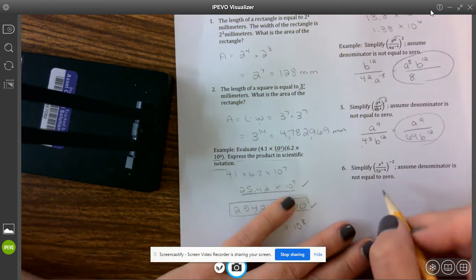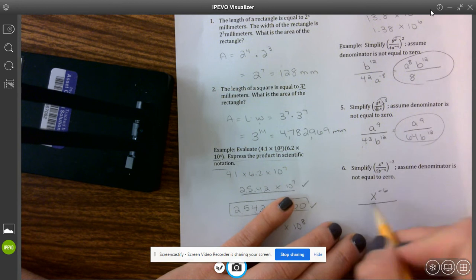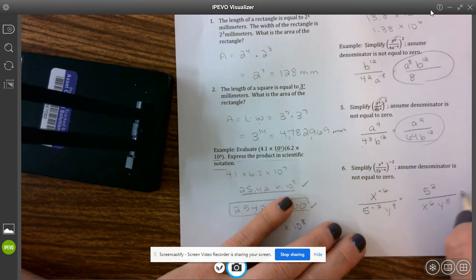And number 6, power to power multiply, that's x to the negative 6. Technically, that 5 is to the 1st, now it's 5 to the negative 2nd, and y to the 8th. Okay, so 5 to the 2nd, x to the 6th, y to the 8th. 25, x to the 6th, y to the 8th.